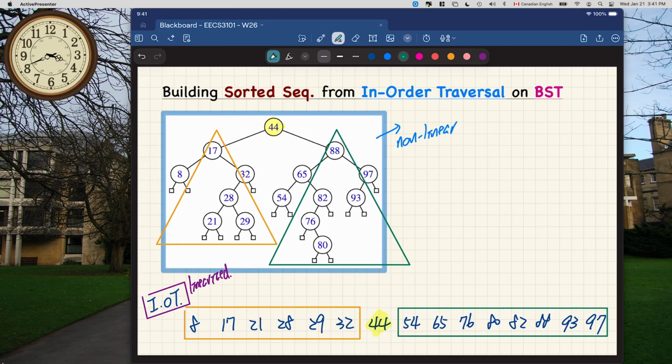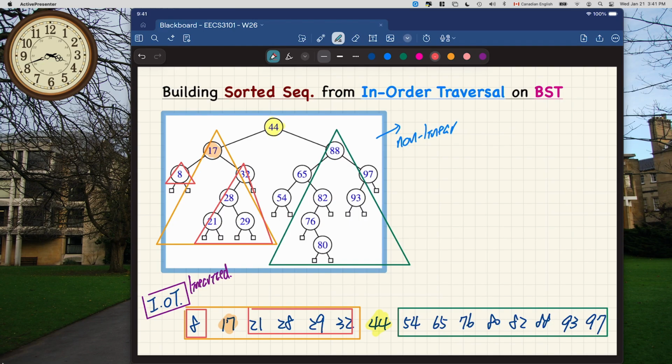Let's go a little bit deeper, right? Wouldn't take long. If I try to look at, for example, 17 right here, of course, I got my 8 right here. Also, I got these nodes right here, right subtree, which will be corresponding to right here.